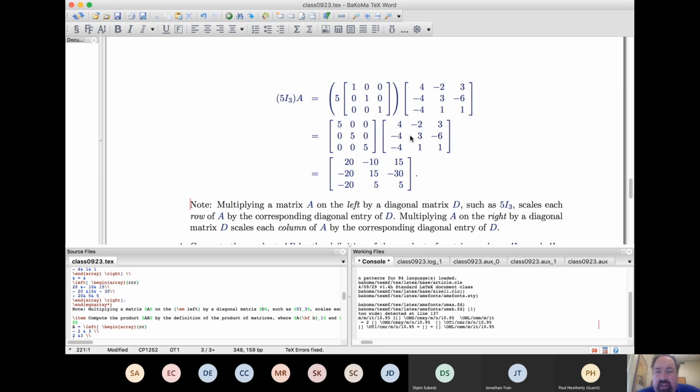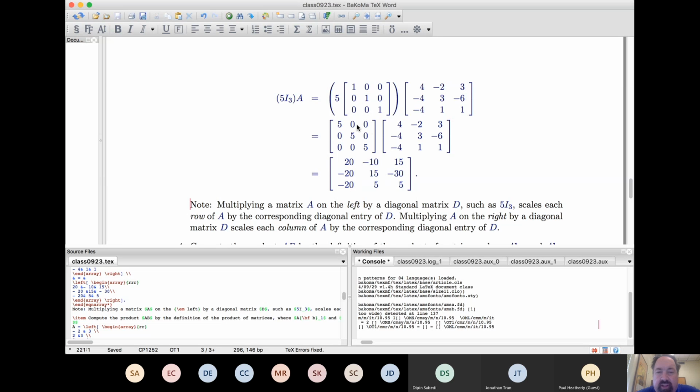So here I'm taking A and multiplying it on the left by a diagonal matrix. So the only non-zero entries are here in a diagonal. And how does that work? What you do is, if you're multiplying on the left, then you're scaling every row of this matrix by the entries here. So in this case, they're all equal to 5. So I'm scaling every row by 5.